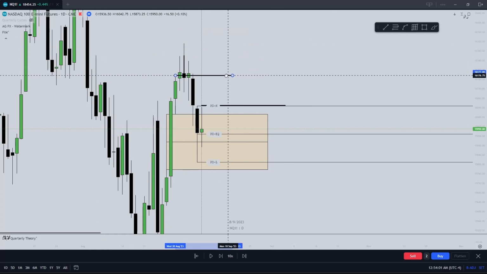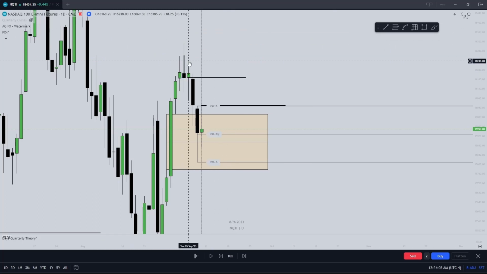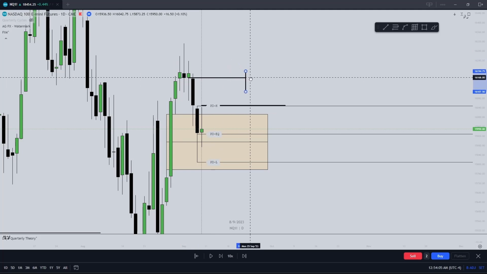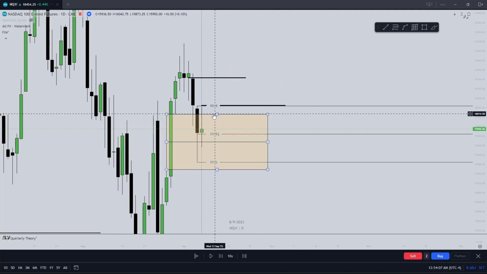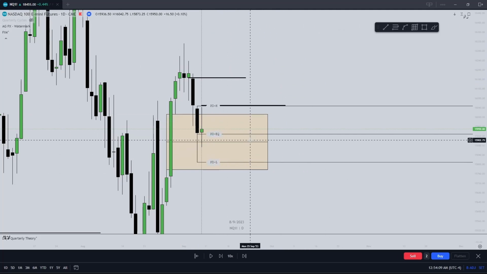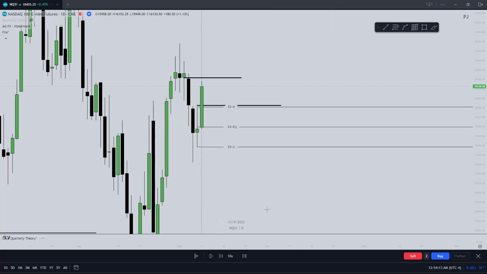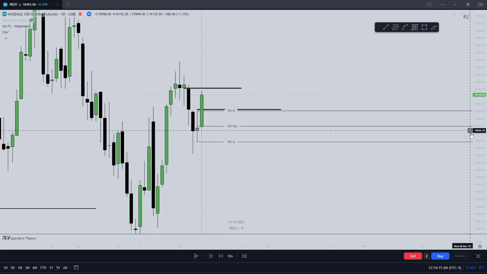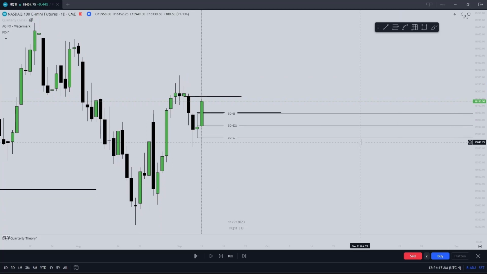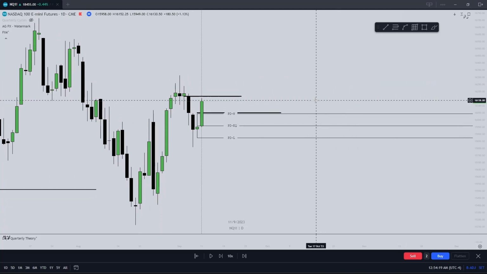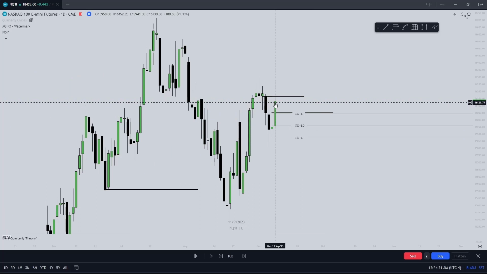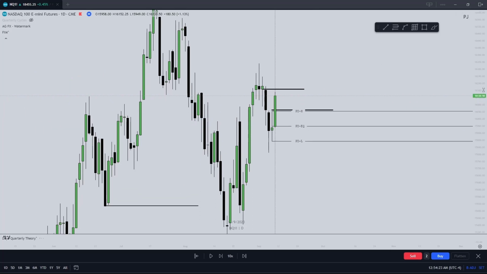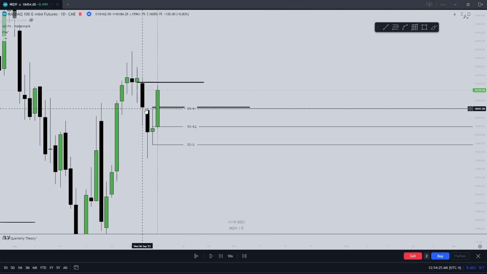But now that we have a high resistance high, obviously we shouldn't break past the wick. So we'll delete this off the chart. Bam. So we're in our order block Monday with a close above, right?